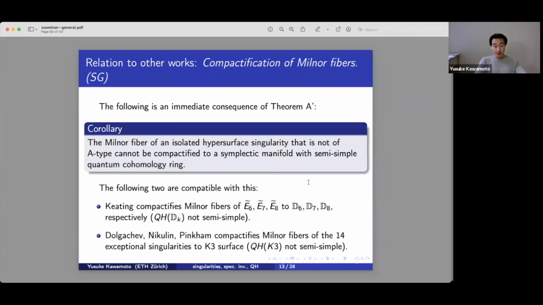And also classical work of Dolgachev and Nikulin, Pinkham, independently, they have papers where they compactify Milnor fibers of the exceptional singularities to K3 surface. And once again, K3 surface does not have semi-simple quantum cohomology. So these are once again compatible with my result.